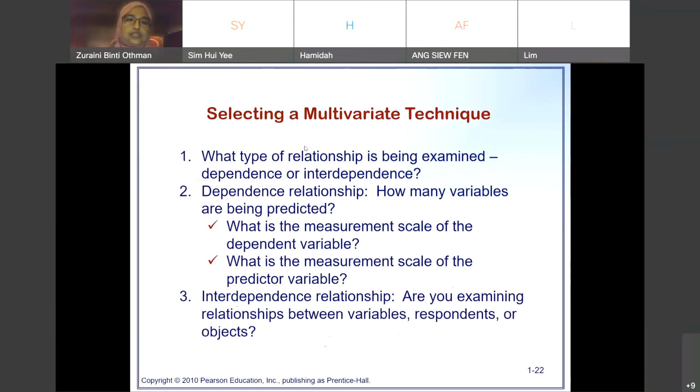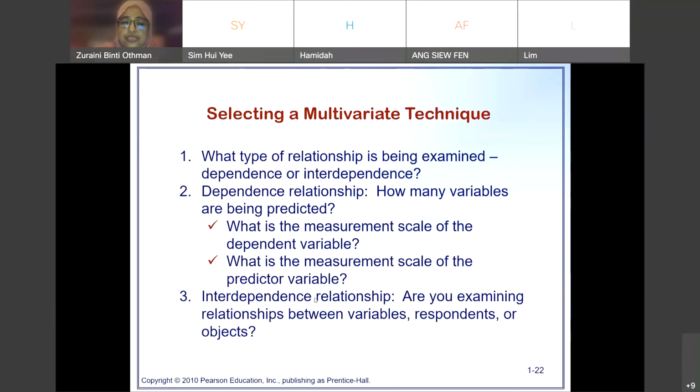And to select a multivariate technique, we have to know what type of relationship is being examined, and that relationship falls into dependence or interdependence. After we know the relationship, we have to know how many variables are predicted, what is the measurement scale of the dependent variable, and what is the measurement scale of the predictor variable.